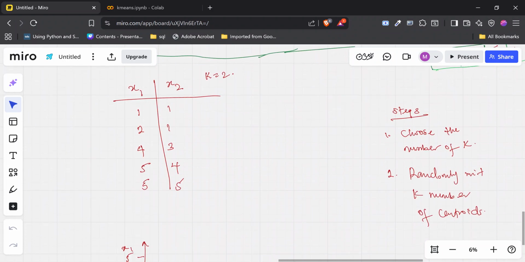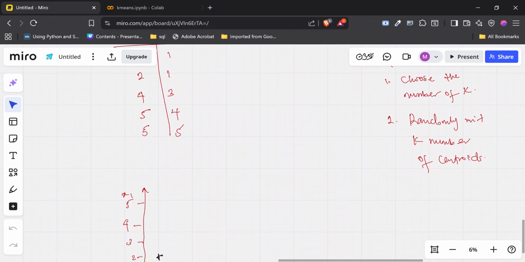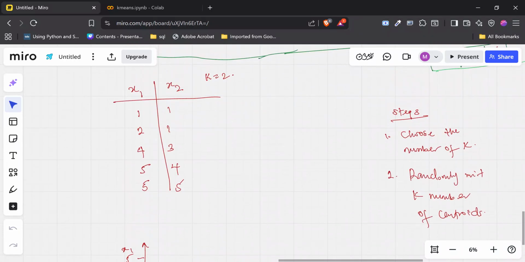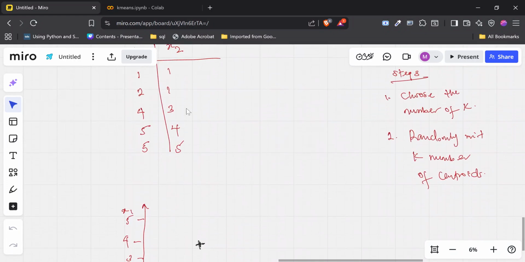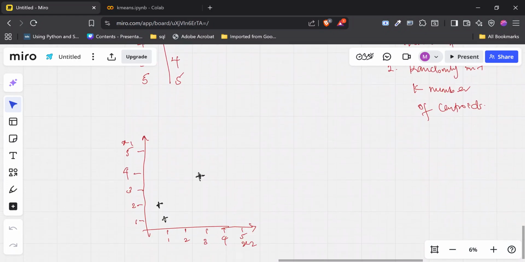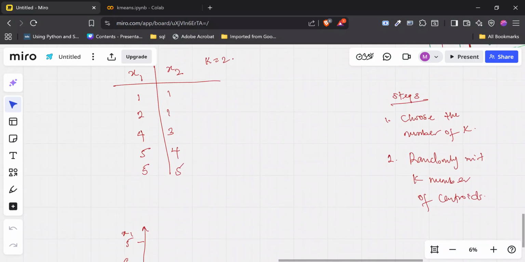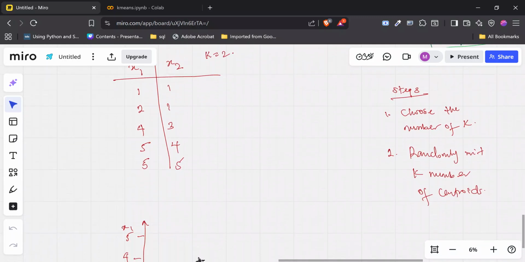Next one is x1 equals 4. When x1 equals 4, x2 equals 3. So 4, 3 is around this area. Should be this place. Then x1 equals 5, x2 equals 4, this area. Hold on, x1 equals 5.